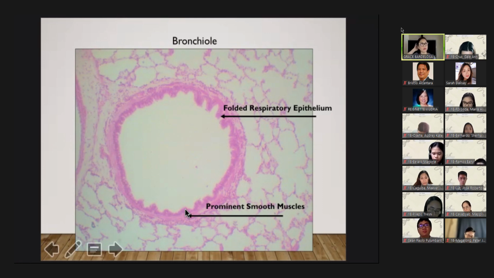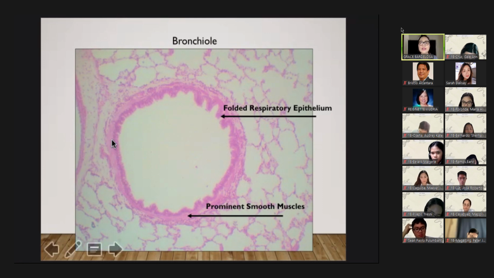Probably it was told to you that there is also sometimes pseudostratification here, but generally, most of the time, it is lined with a single layer of ciliated columnar and cuboidal cells.